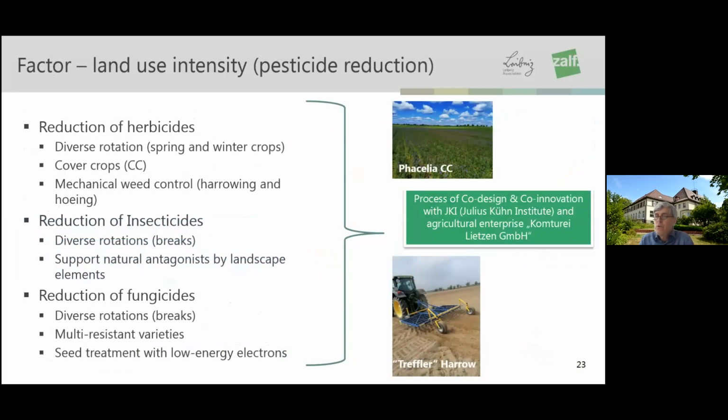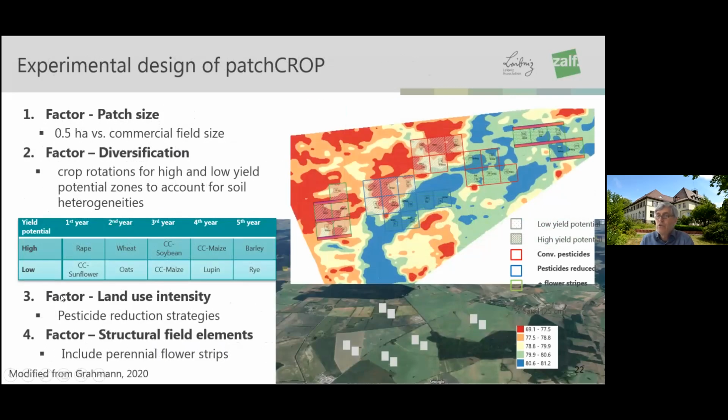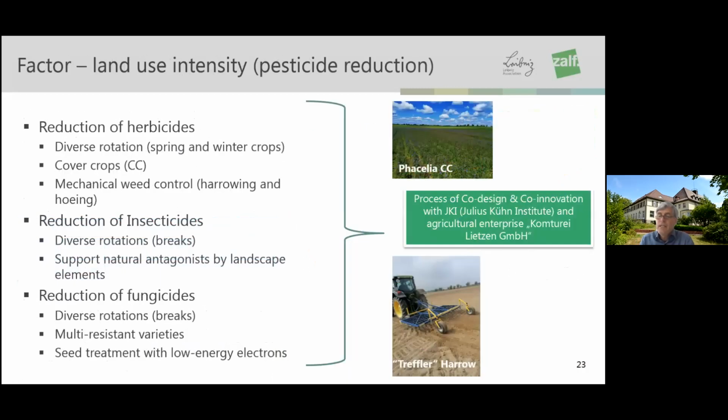One example of this is the factor in which we try to understand the effect of reducing land use intensity with respect to pesticide use. That is something that you can almost not set up without a farmer. There are so many ways of reducing the use of pesticides. We talk about herbicides, or we talk about insecticides, fungicides. Do we talk about timing?